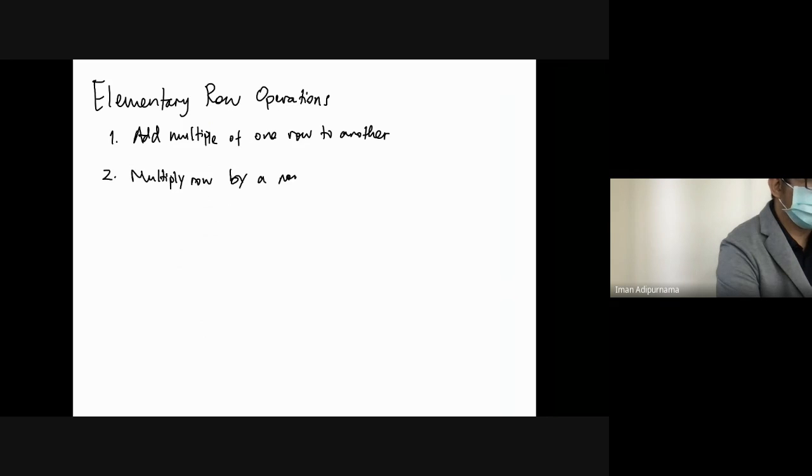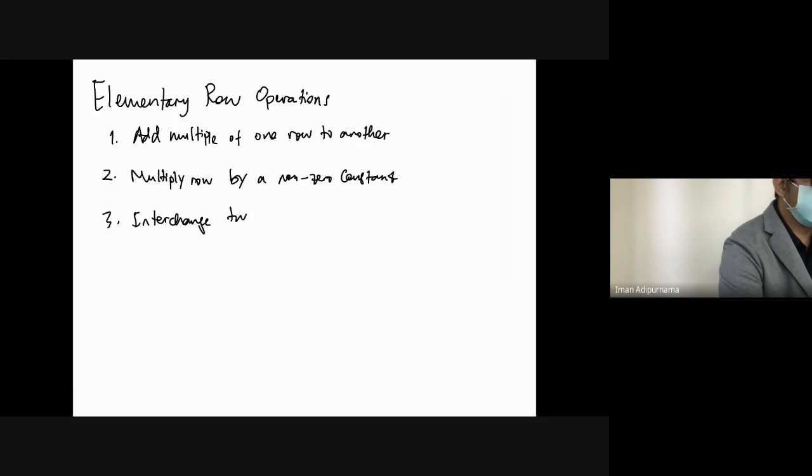So add a multiple of one row to another, multiply a row by a non-zero constant. And you can also interchange 2 rows.